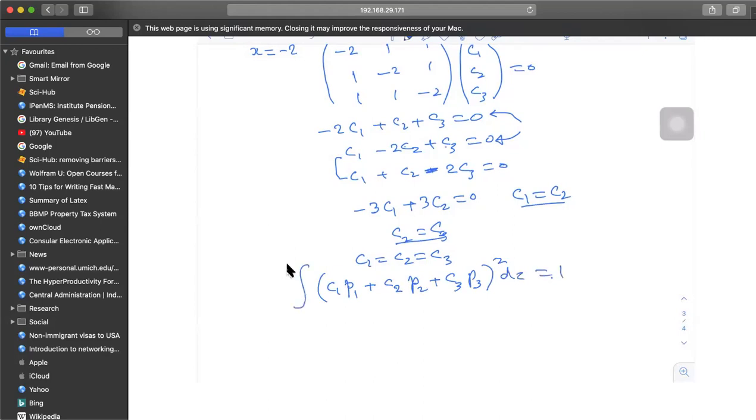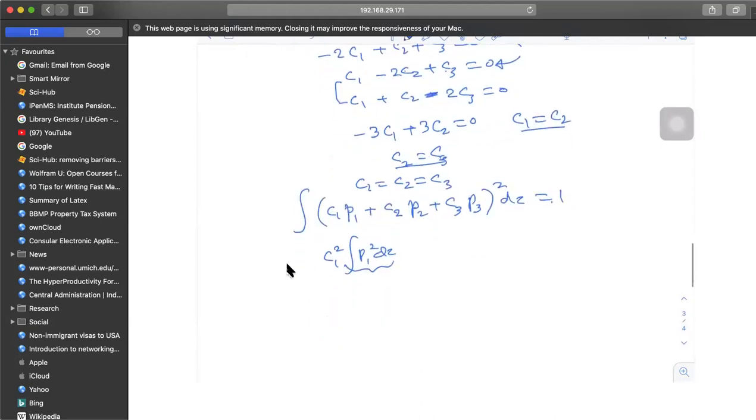So when you square it, you will get C1 square, and then P1 square integral of d tau. But P1 is an orbital that is normalized, so this integral will be 1. So the first term will be simply C1 square. Similarly, you will get C2 square plus C3 square is equal to 1.